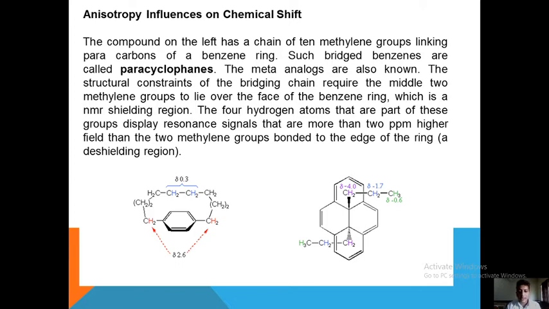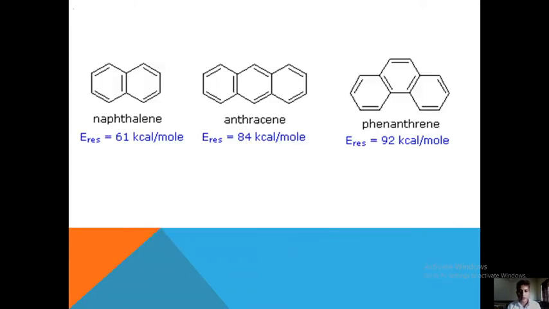The resonance stabilization of these compounds, calculated from the heat of hydrogenation or combustion, is given beneath each of the structures. In the next slide we are going to see those examples. These compounds are resonance stabilized, as calculated from the heat of hydrogenation or combustion.